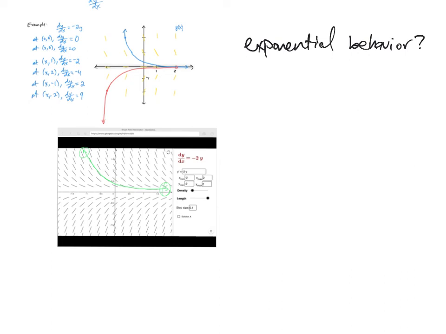So maybe our guess is that y of x, since we know that we're diminishing, it's got to be a negative exponential. So maybe e to the negative x. And let's put a couple constants in here.